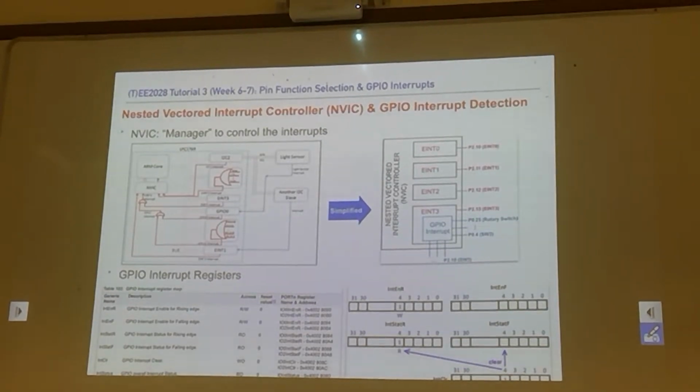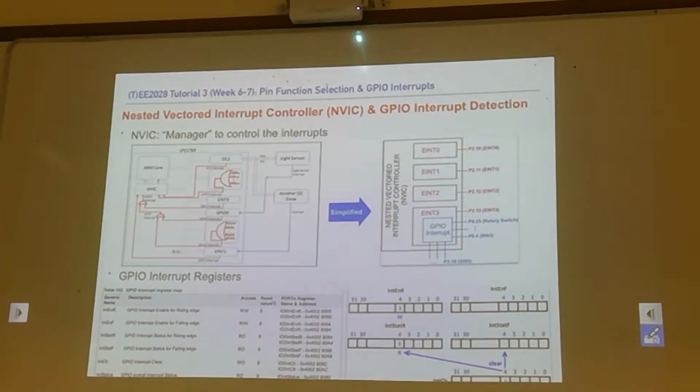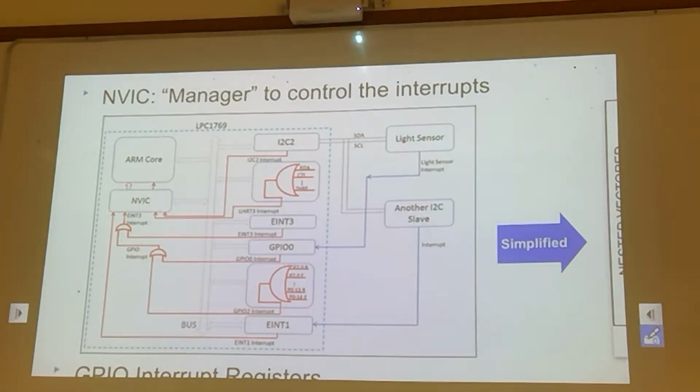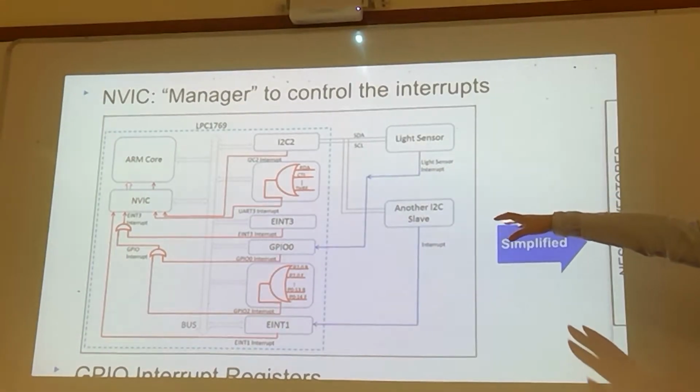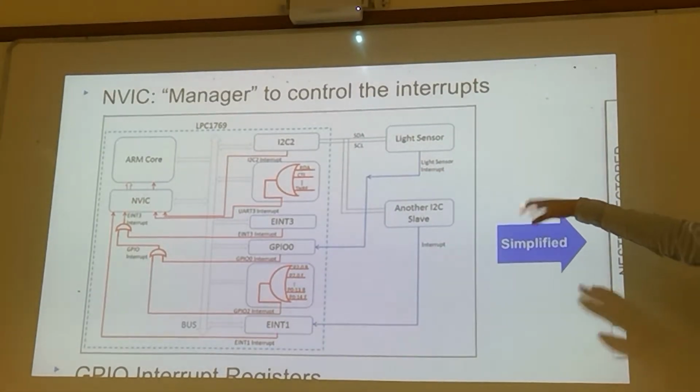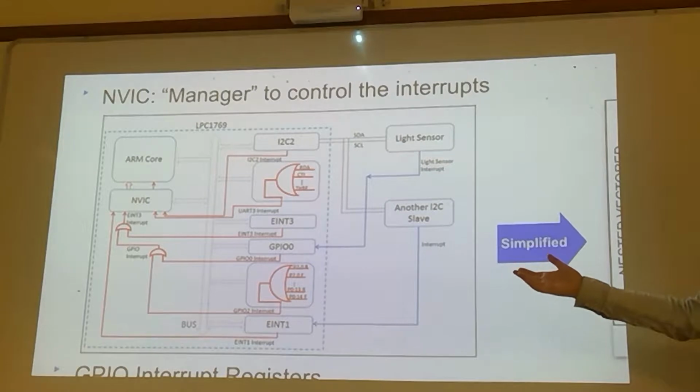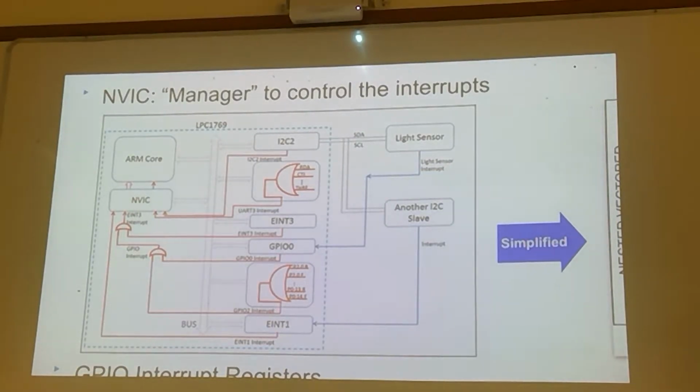But this one, NVIC, is the manager that controls all the interrupts. So if you look at this block diagram, your LPC 1769 can control different devices. For example, your push buttons are simple GPIO devices, right?